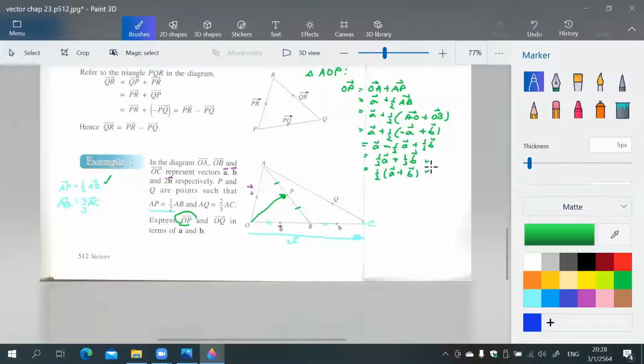Either can be the final answer. So now we finish OP.